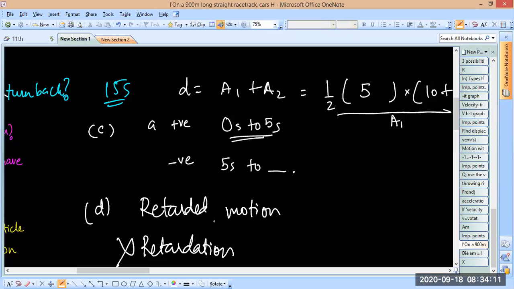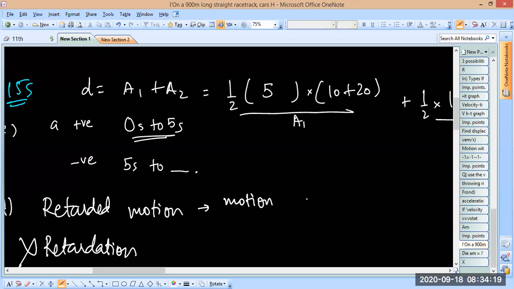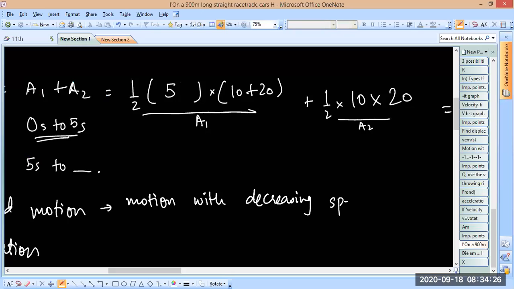They are different, right? Retarded motion means motion in which speed decreases, motion with decreasing speed. So those who gave such an answer, that is right. And this happens when acceleration and velocity are in opposite direction.